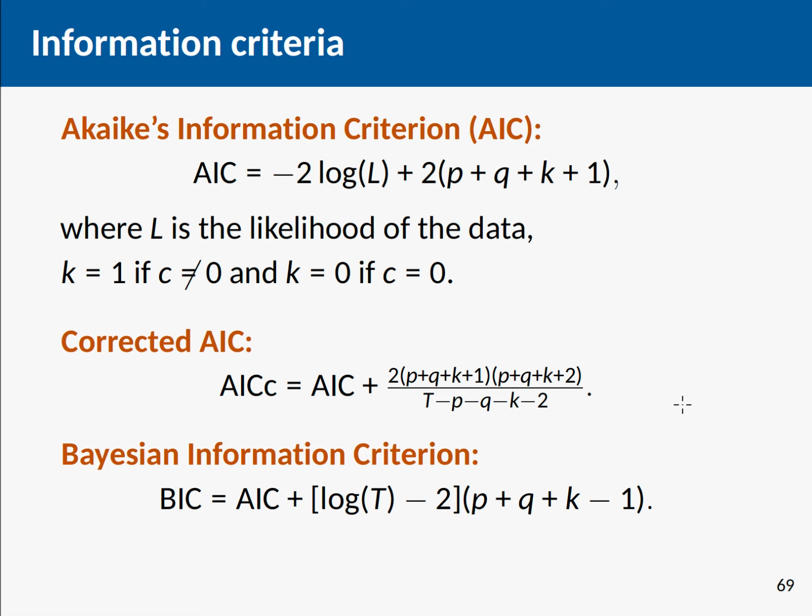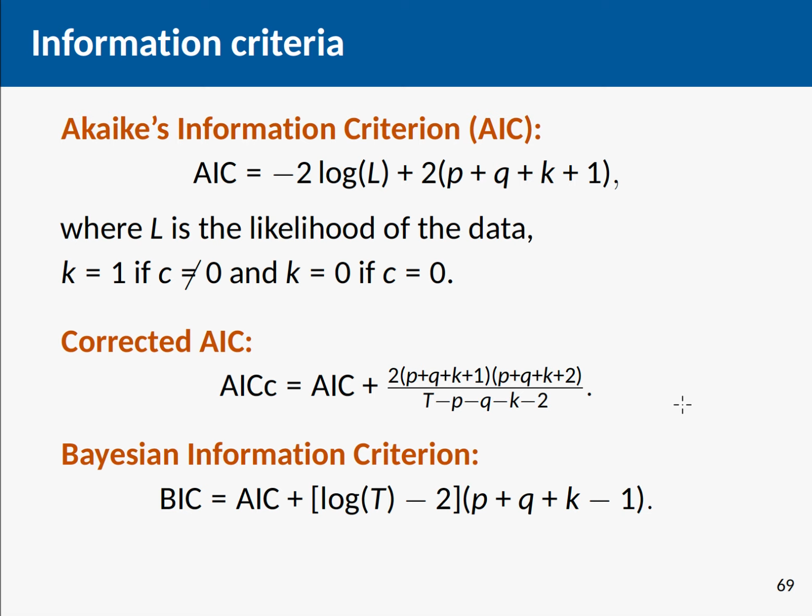Okay, so all we are doing is saying what should be the order of the AR component, or what should be P, and what should be Q, which is for the MA model. We're not trying to select D at this point, so it's best to use some kind of stationary data to evaluate the models.